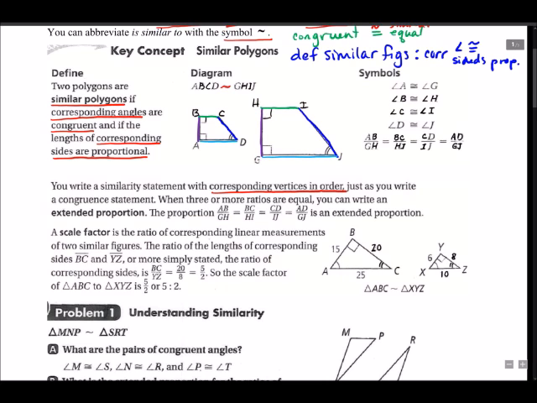So we can write these in what we call an extended proportion, which says that the sides we are comparing are all proportional to each other. Because if I compare AB to GH, then it's going to have the same ratio as BC to HI.